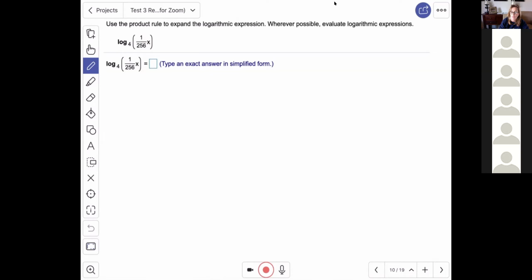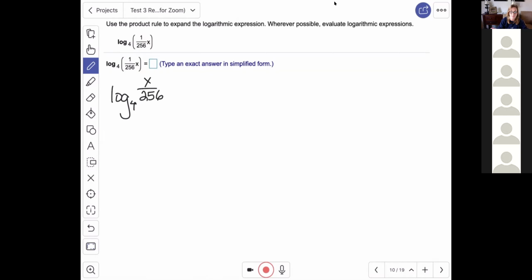That'll just make the problem much easier. And if you go ahead and do that, you can rewrite it as x over 256. I promise you, that just makes it so much easier, instead of dealing with 1/256 times x. Go ahead and multiply it.